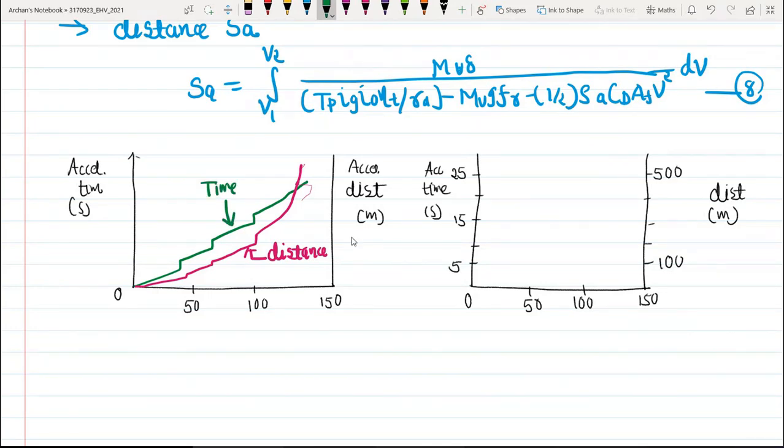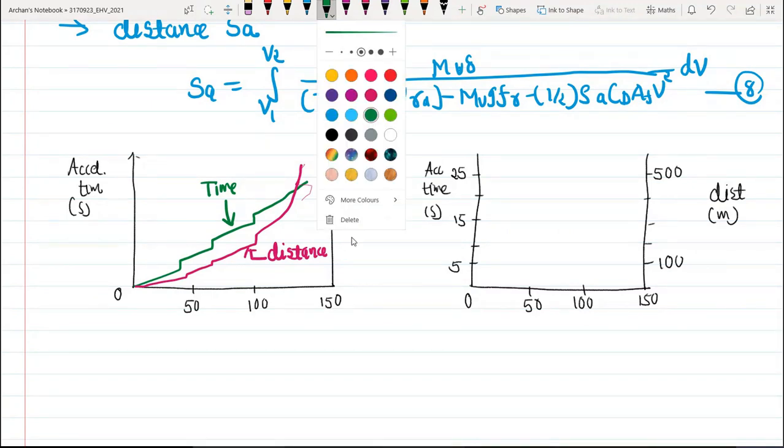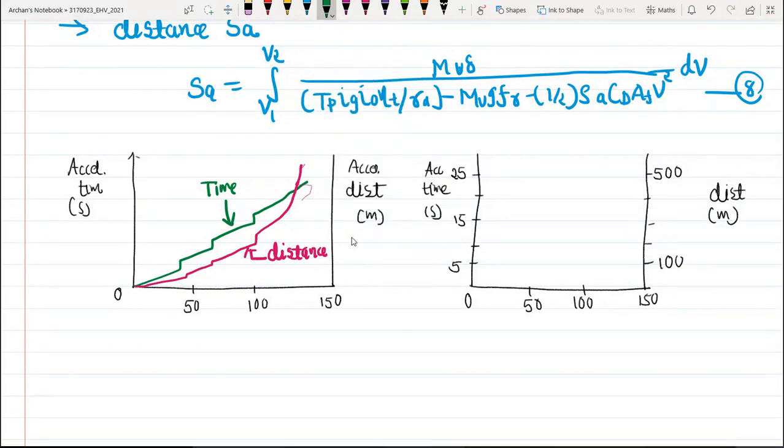Now compare this with the electric vehicle. In case of the electric vehicle, the time curve will be like this, and if I talk about the distance traveled, it will be like this.